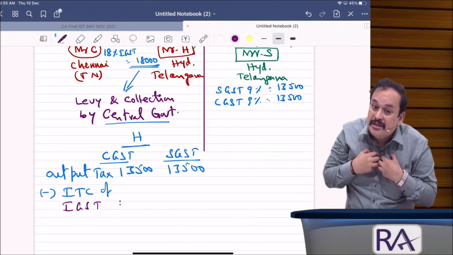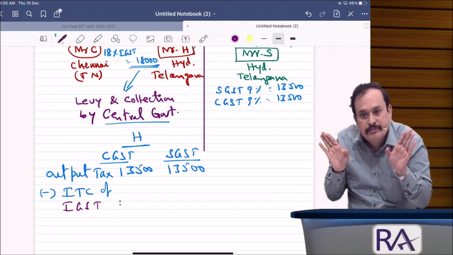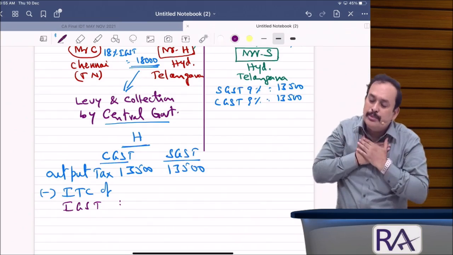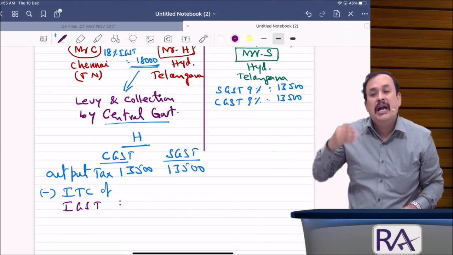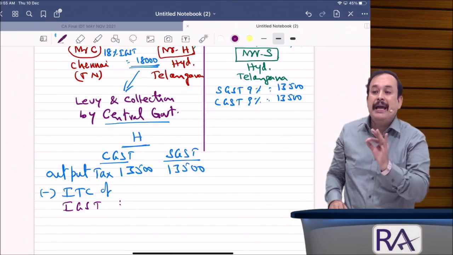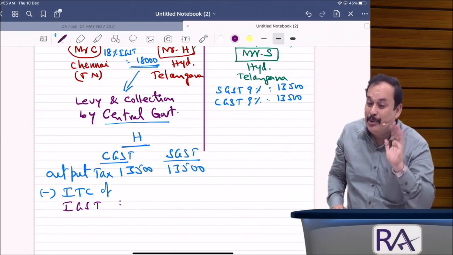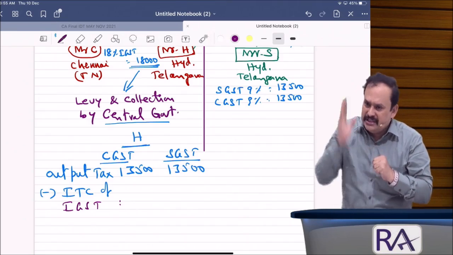Even though I have CGST, SGST credit, I should not touch it. I should touch only IGST credit. Don't worry, this point I will refer to again in due course, and we have a separate chapter on payment of tax. There I will refer to this.